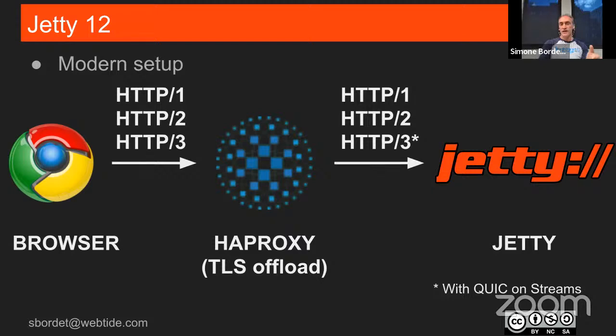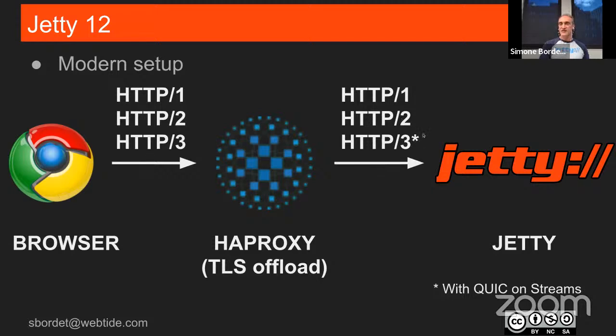And so HAProxy also has a very efficient TLS offloading library, so it can decrypt everything for you. And then it can just call the backend. And the backend could be Jetty. And right now, the backend can be called in HTTP/1 and HTTP/2, clear text, but not yet with HTTP/3.